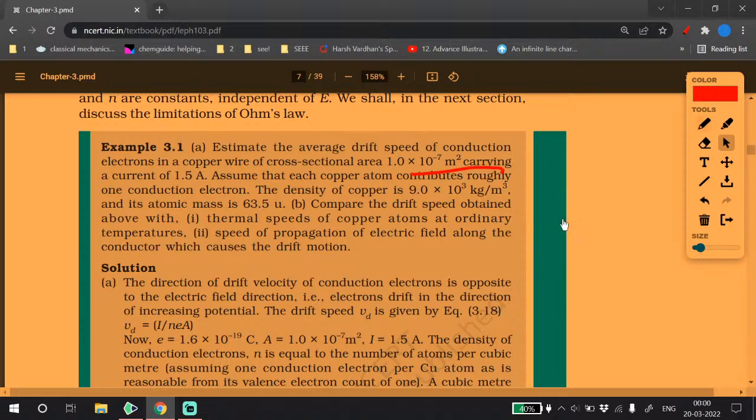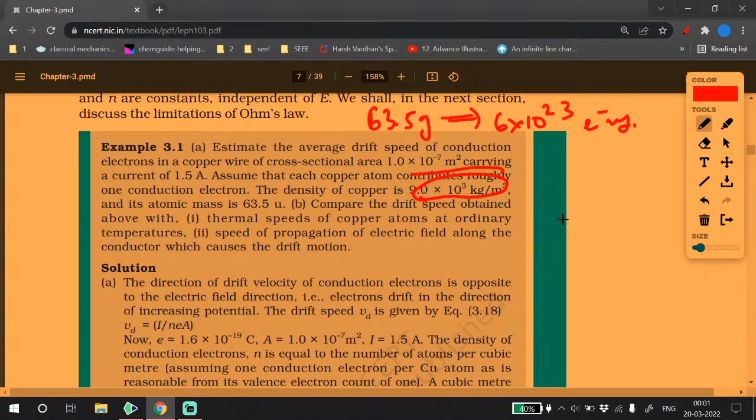We know that 1 mole, that is 63.5 gram of copper, has 6 into 10 to the power of 23 atoms, and each copper atom donates 1 electron. Now we have mass, we have density, so just find out the volume.